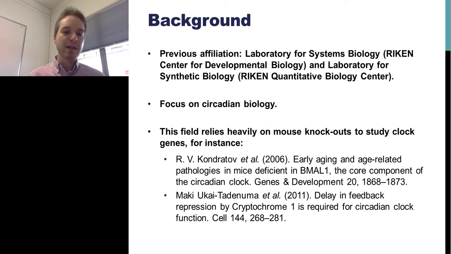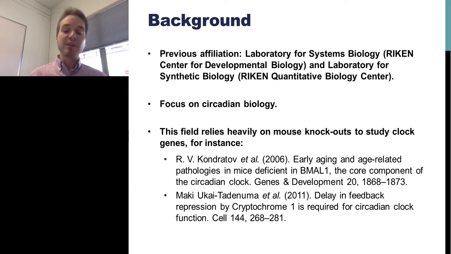And in that field, like in many other fields, researchers rely heavily on knockouts, especially using mouse or fruit flies as model organisms to study specific genes. So for instance, there's a famous paper from 2006 looking at a BMAL1 knockout to study its importance for the circadian clock. Similarly, this paper from 2011 on CRY1.